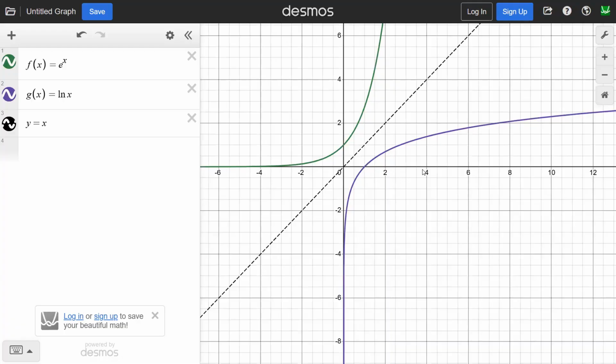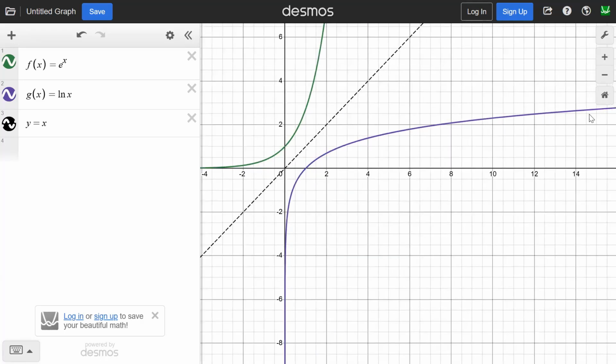The limit as x approaches 0 from the right would be negative infinity, because the domain of log is all positive numbers, so you can only approach 0 from the right. As x approaches infinity, the limit would be infinity as well, even though it grows very, very slowly. And as x approaches 1, the limit is 0.